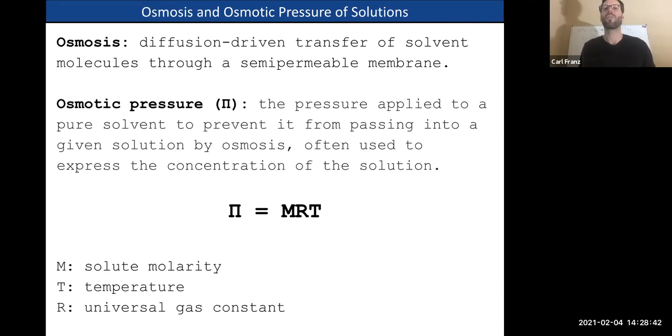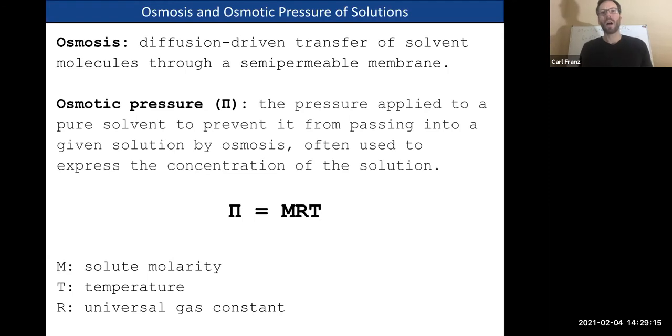Osmosis is essentially the transfer of molecules through a semi-permeable membrane, okay? And it's driven by the process of diffusion. And I know that you guys have talked about diffusion and effusion in Chem 101. So hopefully that process is at the forefront of your minds from having learned it not long ago.